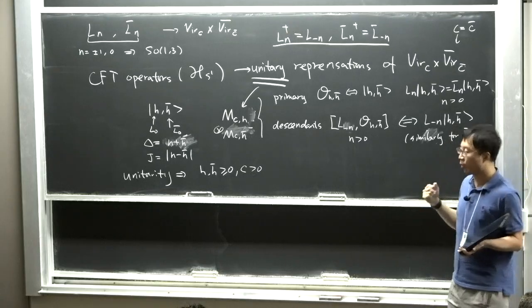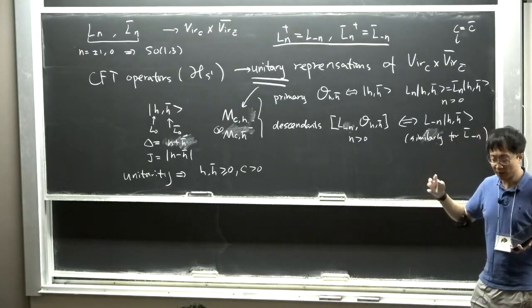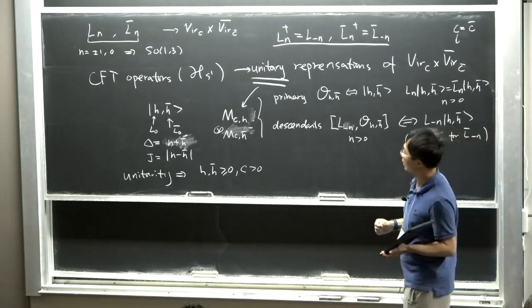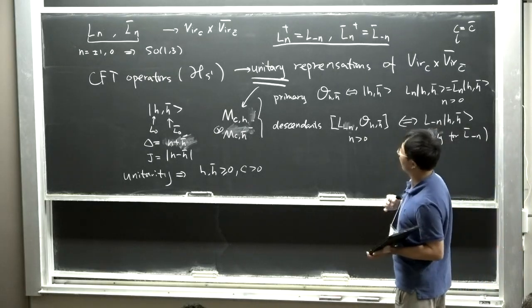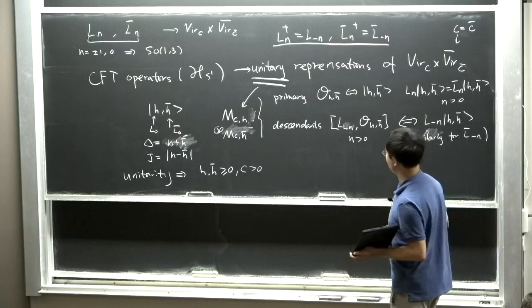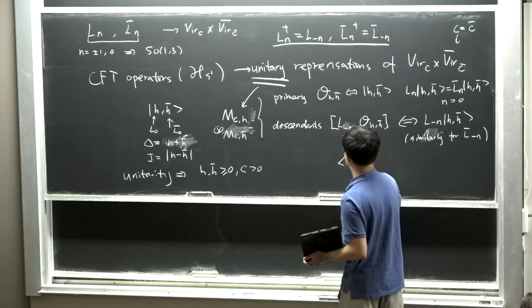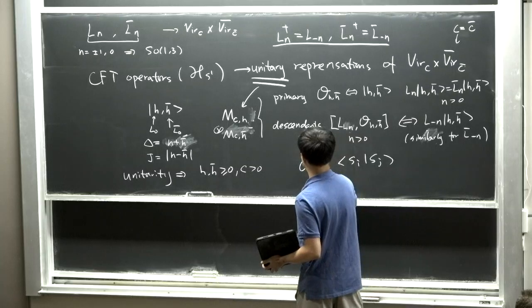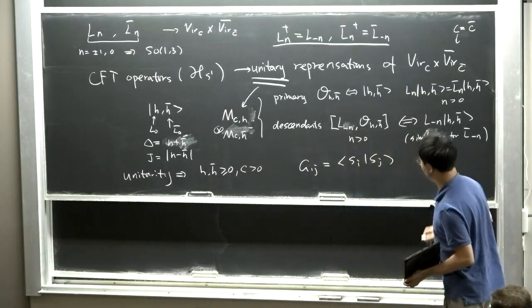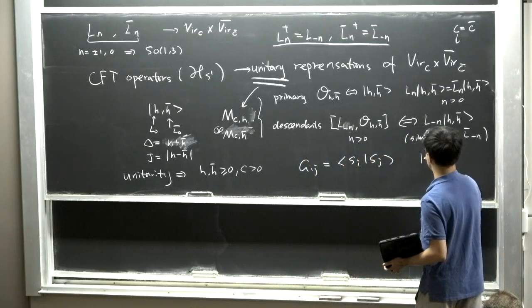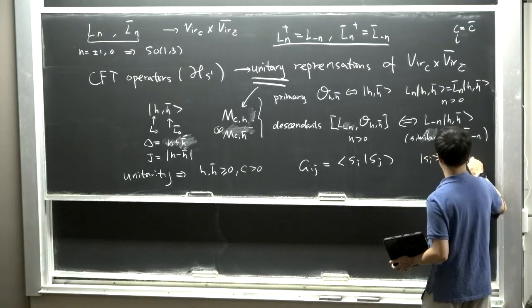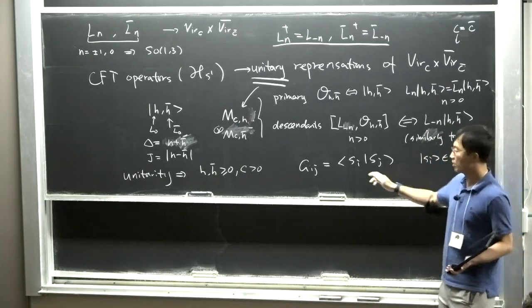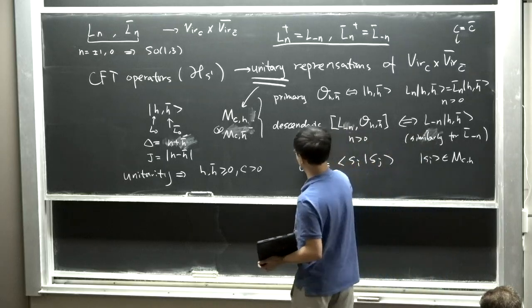More precisely, you calculate the Gram matrix coming from the various states in this multiplet, and you insist on this matrix being positive definite.